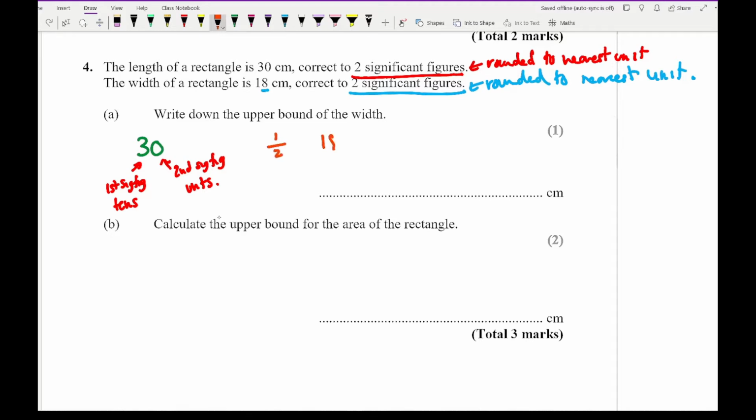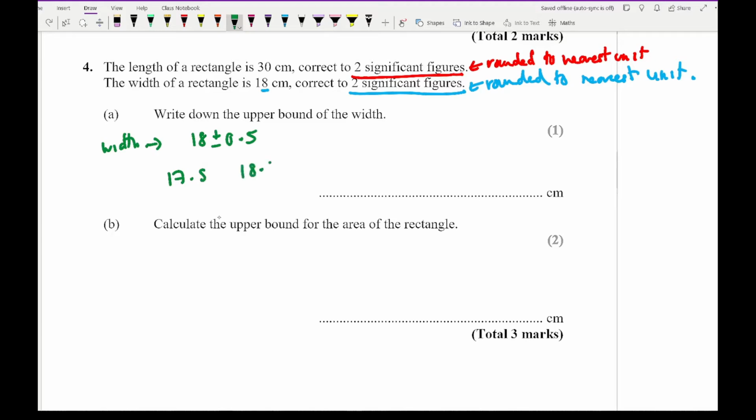So in terms of the width, that's going to be 18 plus or minus 0.5, so that's going to be 17.5 and 18.5, and this question asked me for the upper bound, so the answer is going to be 18.5.